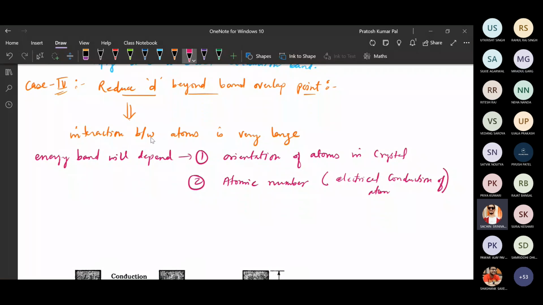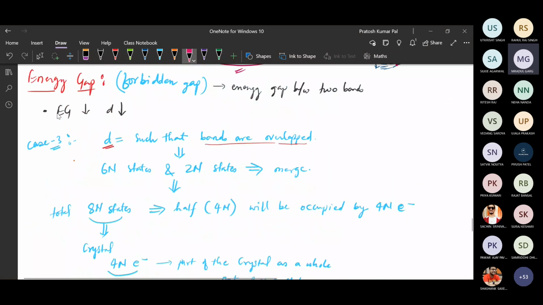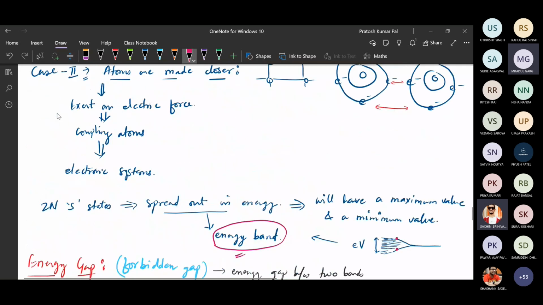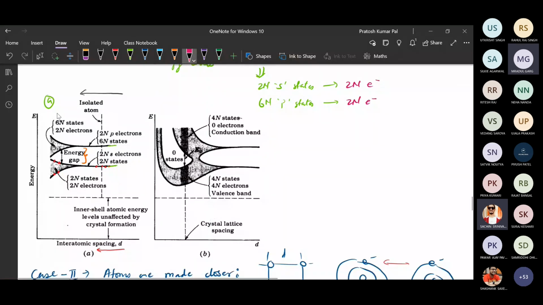Okay, so now energy as a whole: if we combine all four cases, after reducing the distance, starting from a far distance till the overlap and beyond the overlap, we will get the energy band.